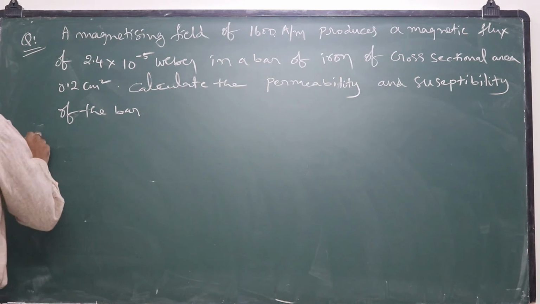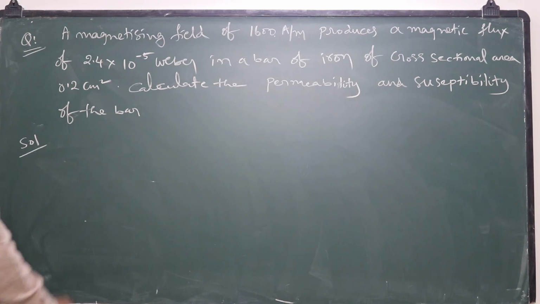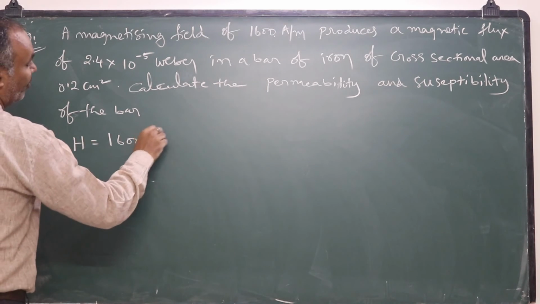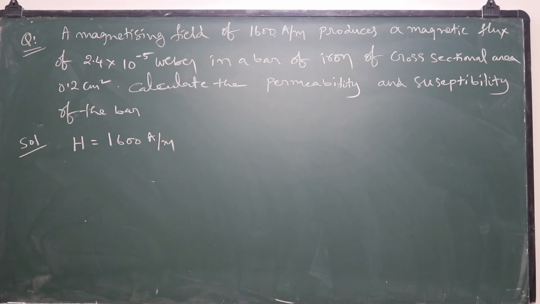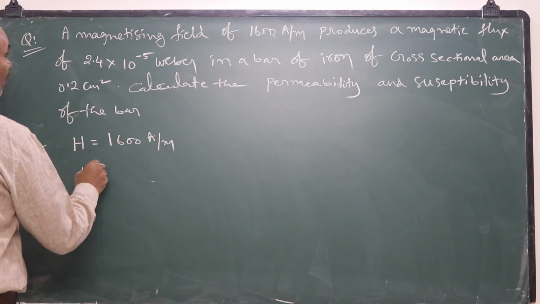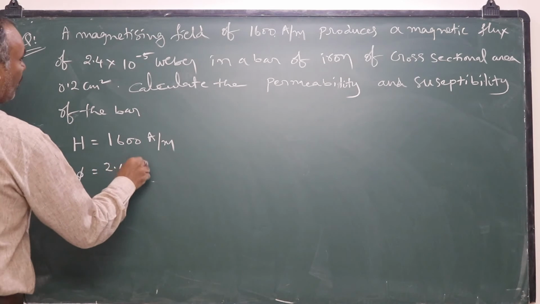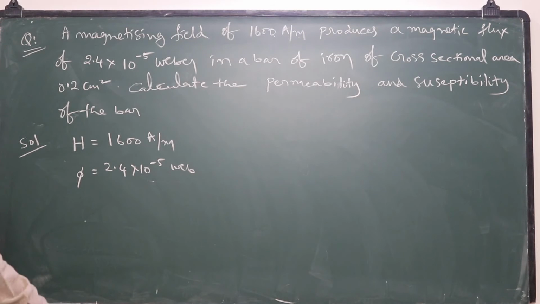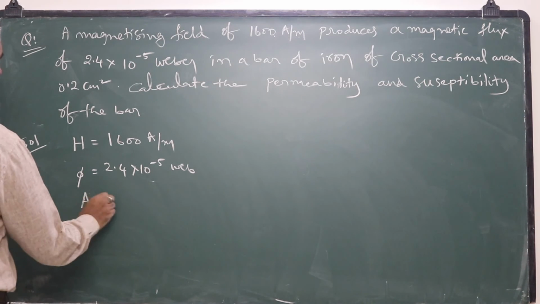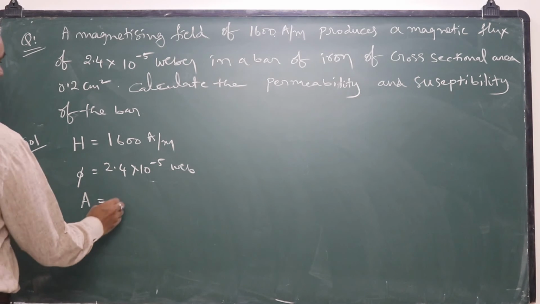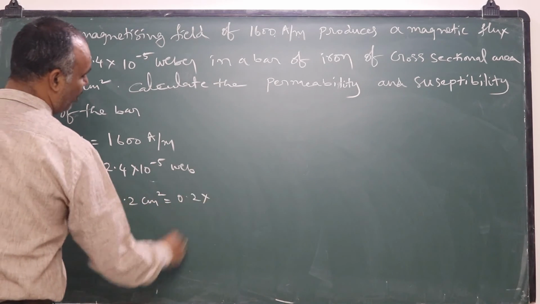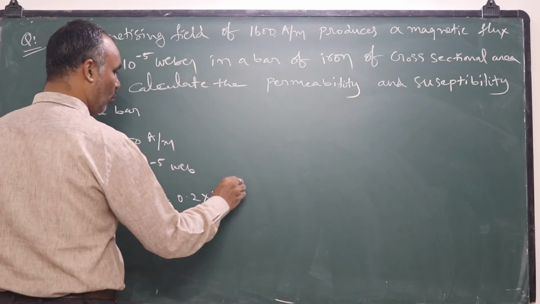The solution. You are provided with the magnetizing field, that is the strength of the external magnetic field represented by H, which produces a magnetic flux. Magnetic flux they give as 2.4 into 10 power minus 5 Webers, in a bar of cross-sectional area A, 0.2 centimeter square, that you can write as 0.2 into 10 power minus 4 meter square.